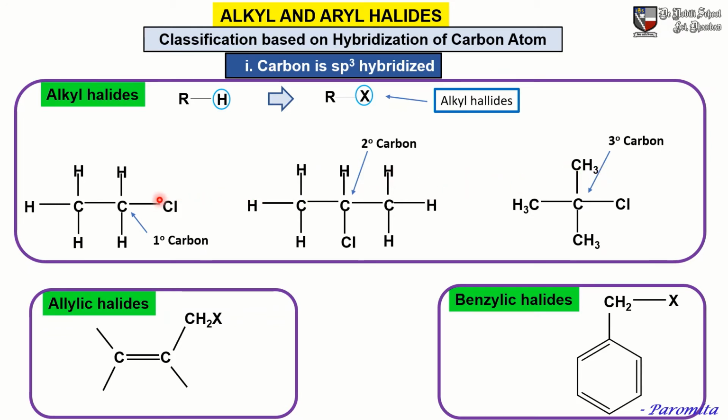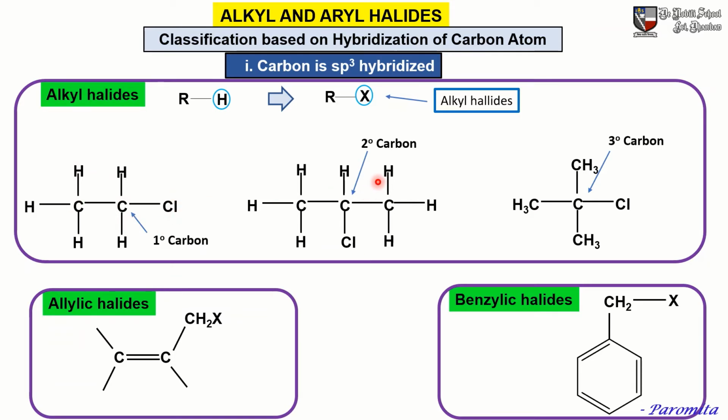What is 1 degree or primary alkyl halide? If the carbon atom that bears the halogen is directly attached to only one other carbon, then the carbon atom is said to be a primary carbon atom. And the alkyl halide is referred to as primary alkyl halide.